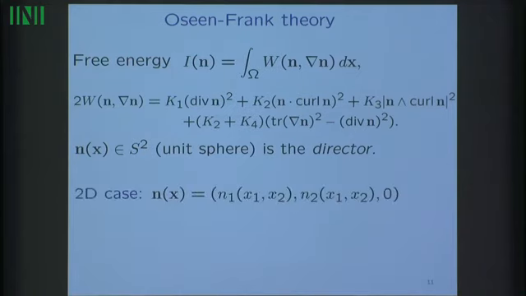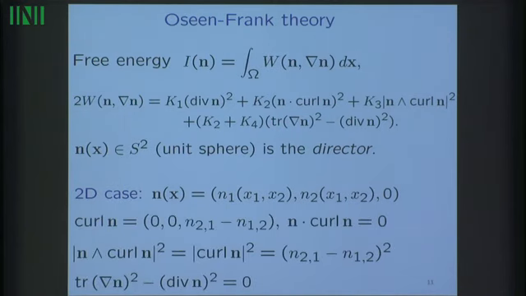Now in the two-dimensional case, we have n of x is n1 of x1 and x2, and n2 of x1 and x2, 0. And then curl n is this expression, n dot curl n is 0, n cross curl n is curl n squared, which is this, and the saddle-splay term here is 0.